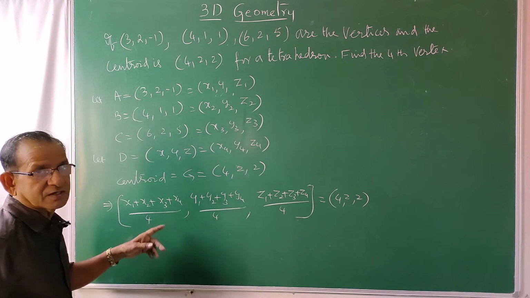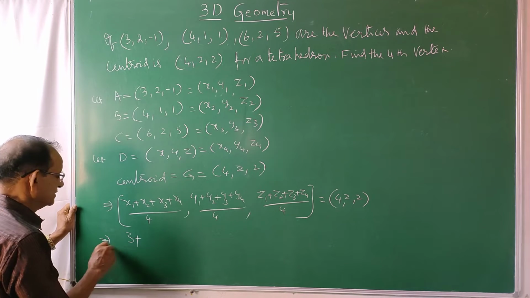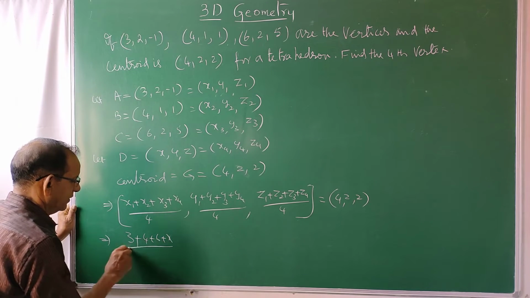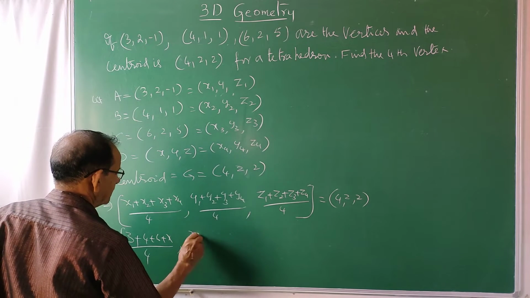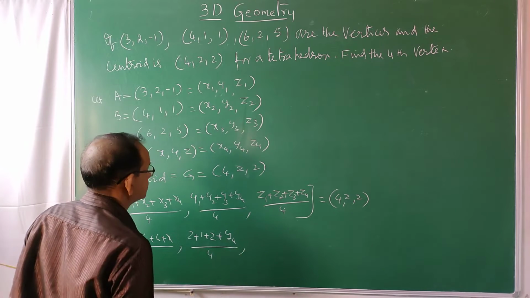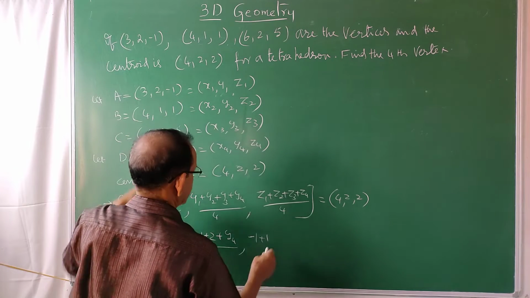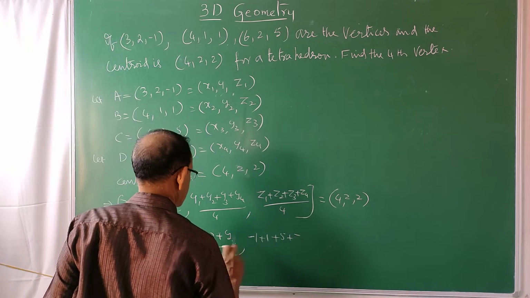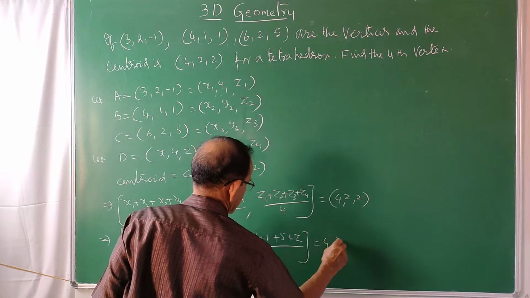Substitute the values of x1, x2, x3. That implies 3 plus 4 plus 6 plus x by 4, 2 plus 1 plus 2 plus y4 by 4, minus 1 plus 1 plus 5 plus z by 4 is equal to 4, 2, 2.